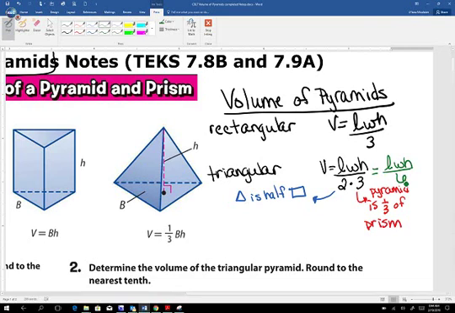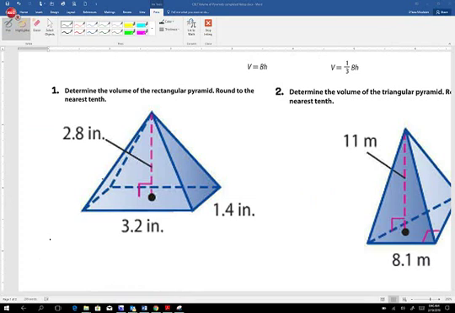Let's practice some of these examples together. Example number 1, it even tells us that it is a rectangle. The rectangular means that we are doing length times width times height. The pyramid means we will be dividing by 3 because it is 1/3 of a prism.